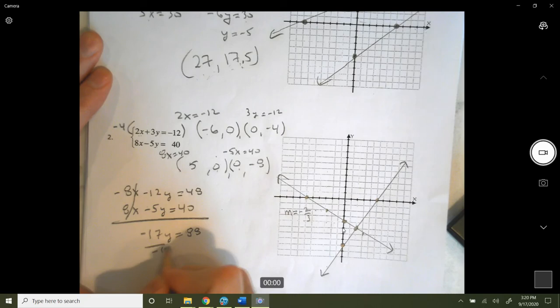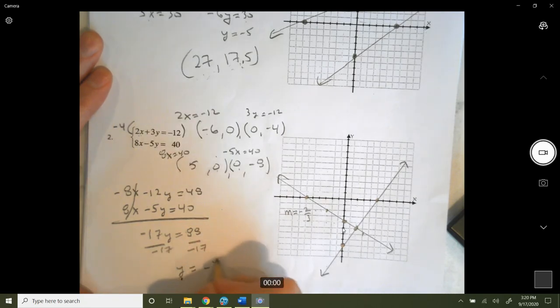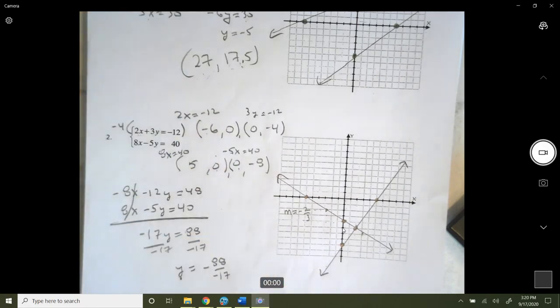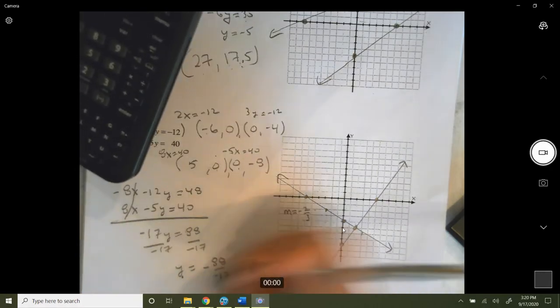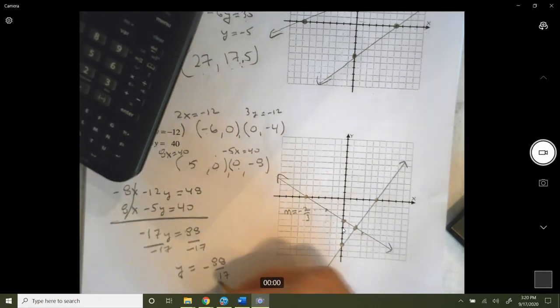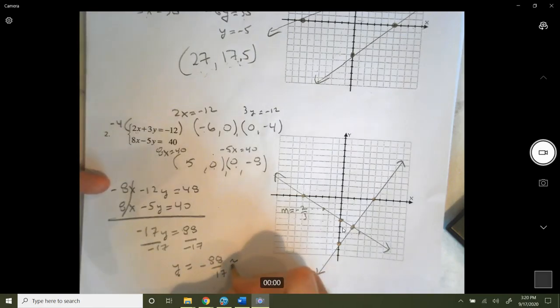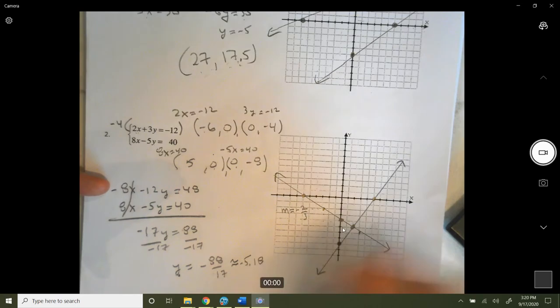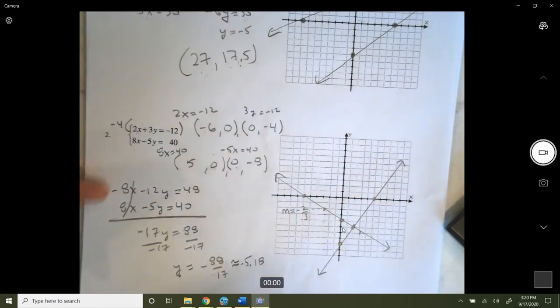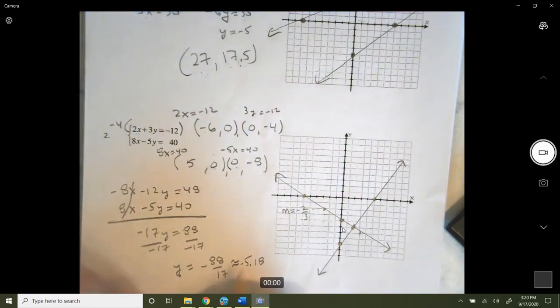Divide by negative 17, so y equals 88 over negative 17. Let's see what that is on the calculator. Sorry, negative 88 over 17. There's not two negatives there. 88 divided by 17. So about negative 5.18. Let's see, that's about right. Almost to negative 6.